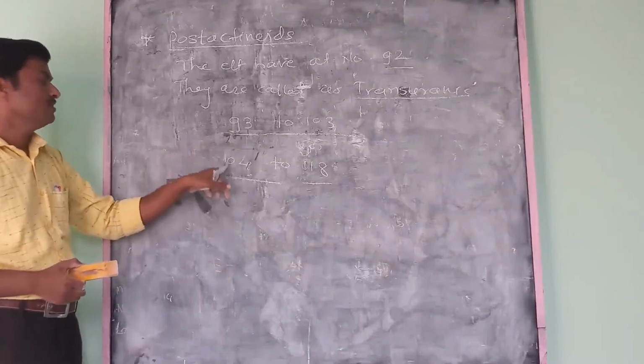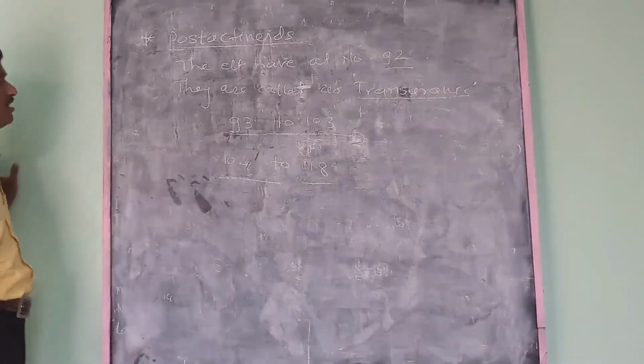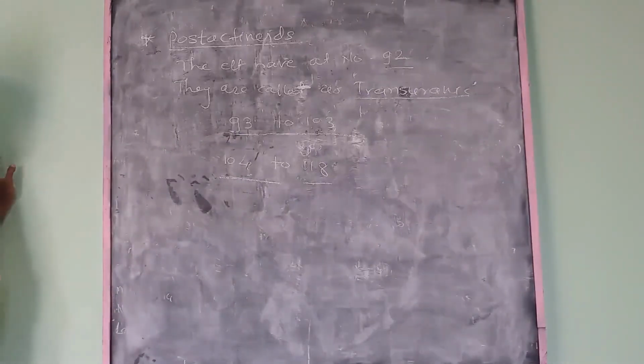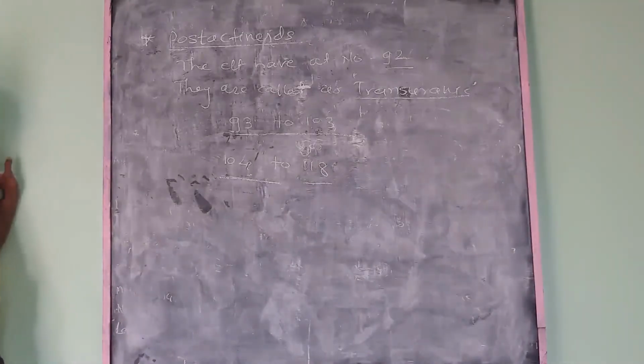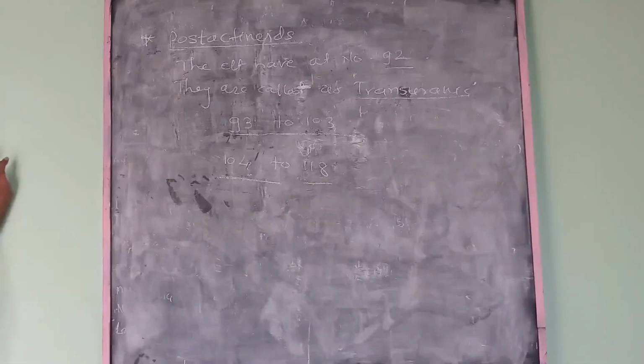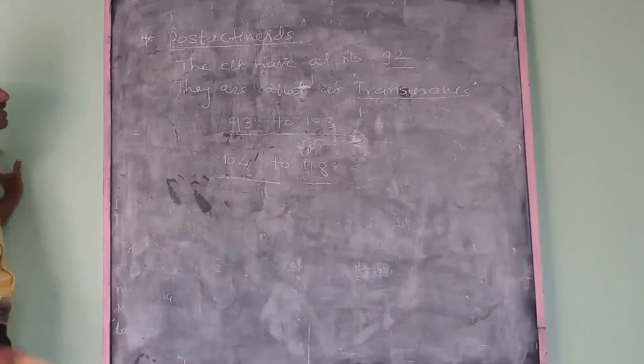The post-actinoids are also called transition elements, and they are synthesized in nuclear reactions.